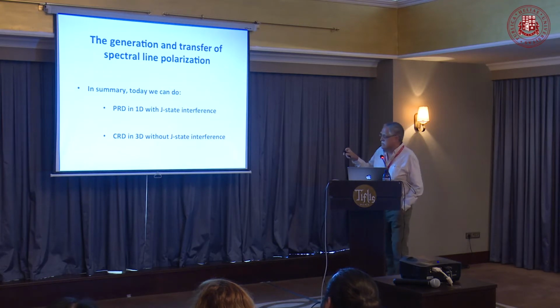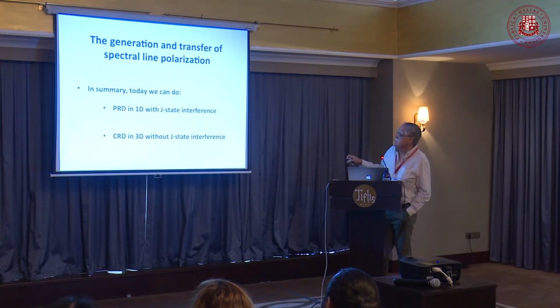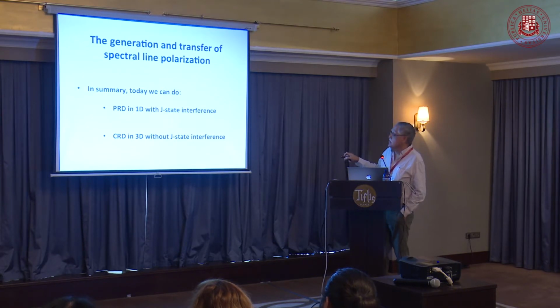Now, summarizing, today we can do partial concerning the generation and transfer of polarized radiation. We can do partial frequency redistribution in one-dimensional models, taking into account quantum mechanical interference between the two upper levels of the spectral lines, because they are doublets like H and K or Lyman alpha, including the Hanle-Zeeman effects.